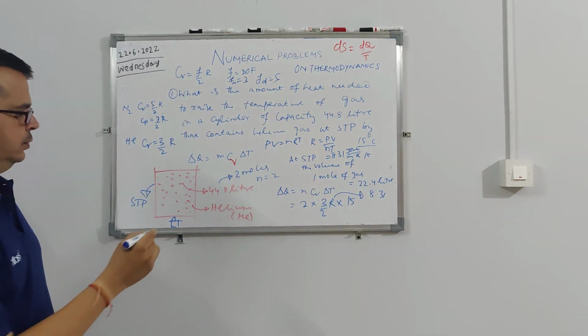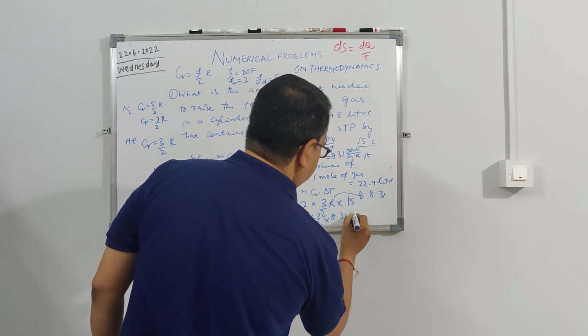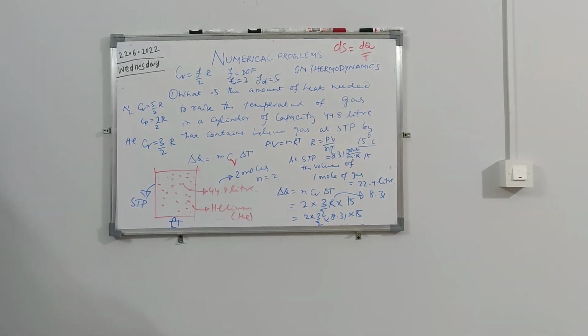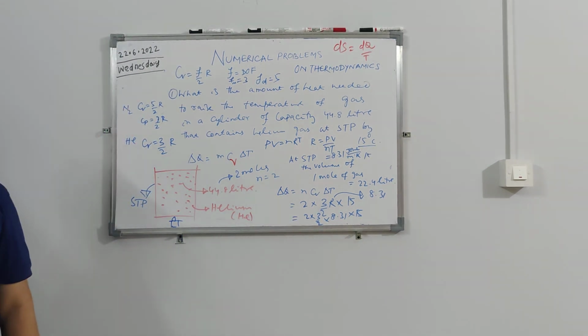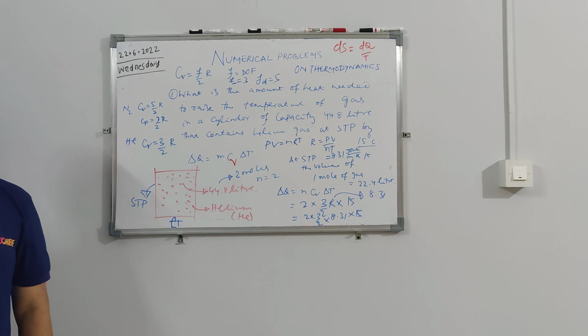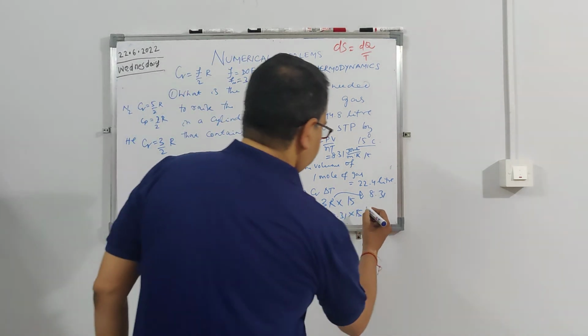So this is 2 into 3 by 2 into 8.31 into 15, and that will be your answer. Whatever it is, 8.314 joule, you just understand the concept. Here it is coming out to be 374 joules.